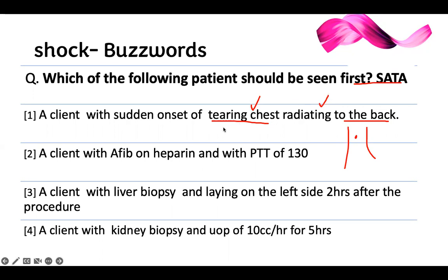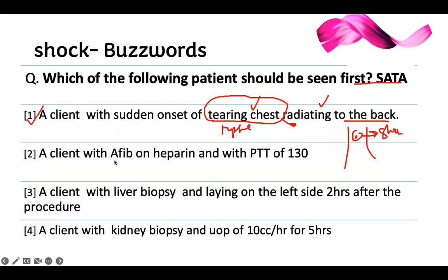This is thoracic aortic aneurysm, so rupture of the thoracic aortic aneurysm. This is deadly, this is bleeding, and this is shock. So this patient needs to be seen. The buzzword is tearing chest pain radiating towards the back, and that's a sign of hemorrhage.